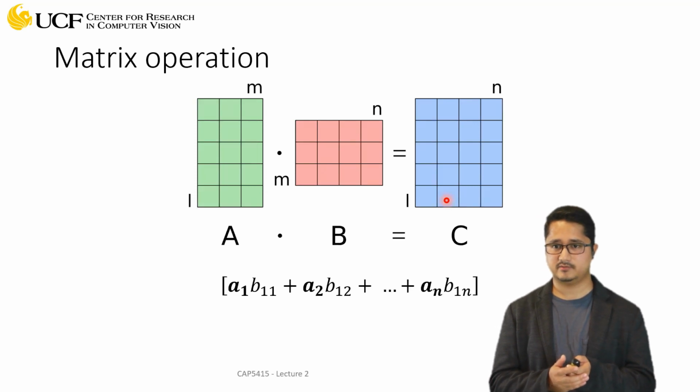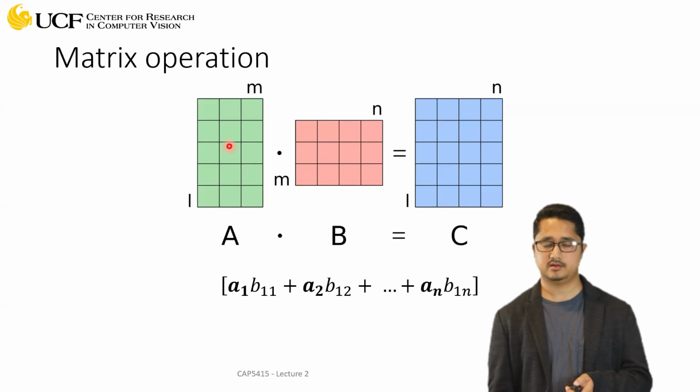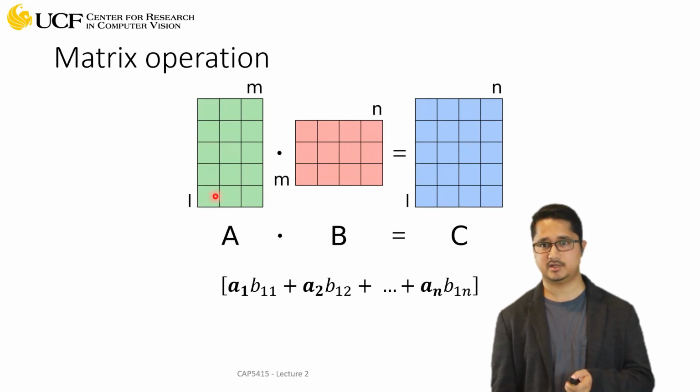So let's try to understand with this figure if it's not clear. This is your first matrix A, this is the second matrix B, and this is the resultant matrix. All right, here we can see that the number of columns is 3, and it's equal to the number of rows in B. So the first column here is going to be a linear combination of all 3 columns.